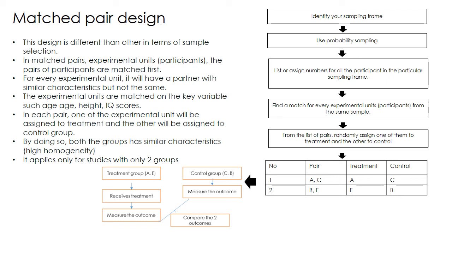They have similar chronic illnesses like high blood pressure, diabetes, heart disease, and they have a similar age range, right? Most of the patients were 60 and above. So all these are the key variables that you can use to match a pair.